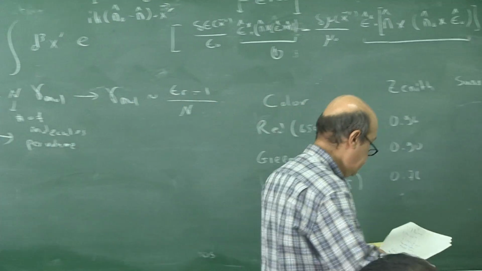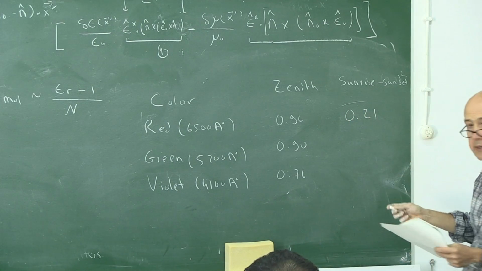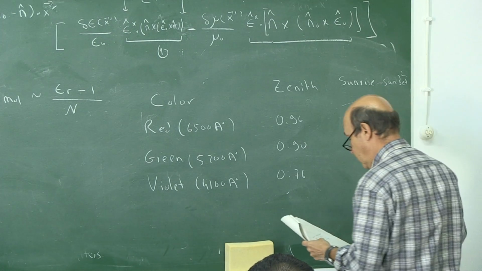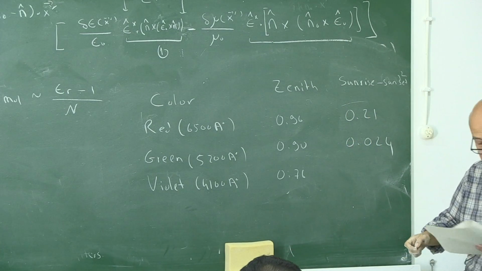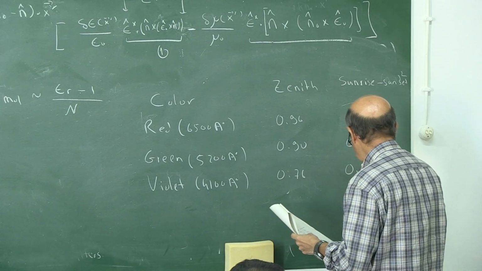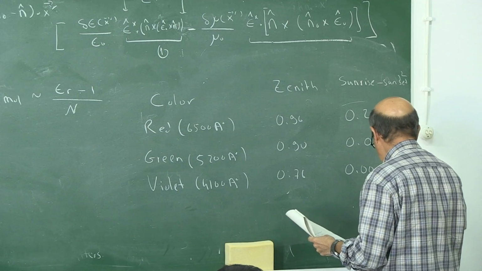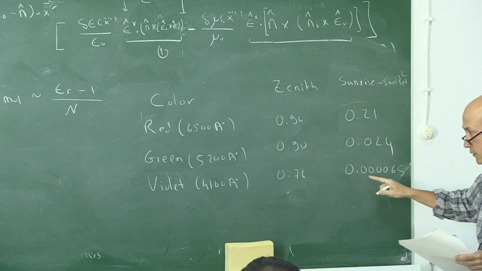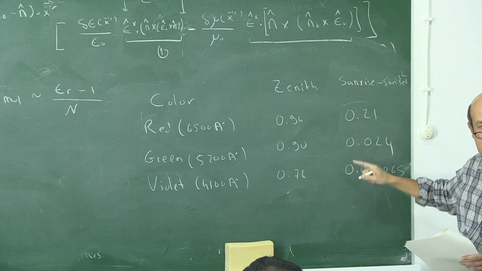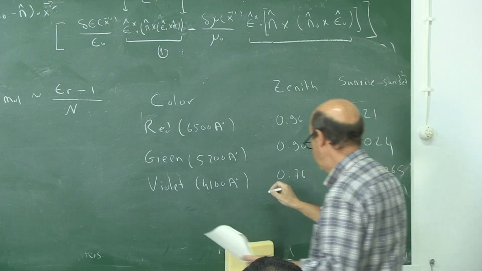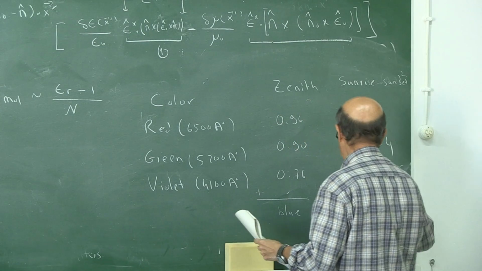And the situation is the following. 20% of the red reaches us. 2% of the green reaches us, and only 6 in 1,000 of the violet reaches us. Okay, lots of scattering of the high frequency waves during the sunrise and sunset. The mixture of this combination should be blue, and the mixture of this is definitely red.